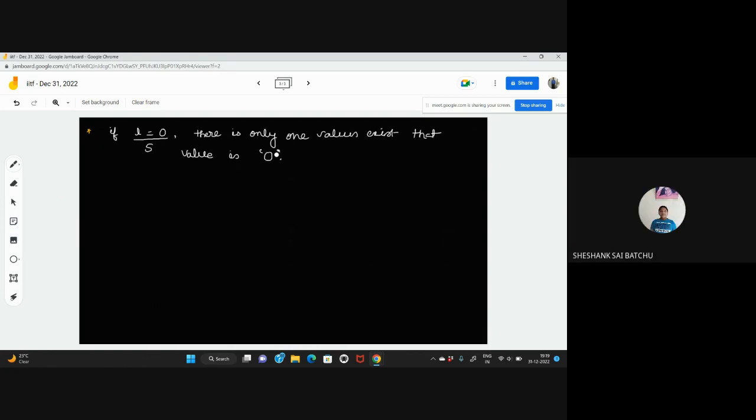That means what we can say is the S orbital doesn't have any suborbitals.